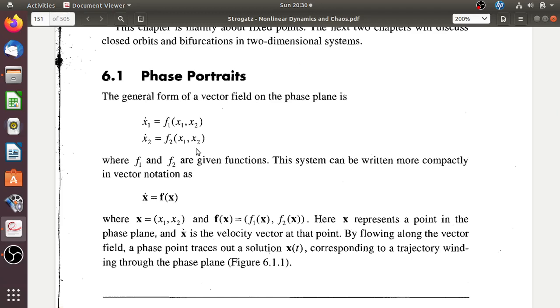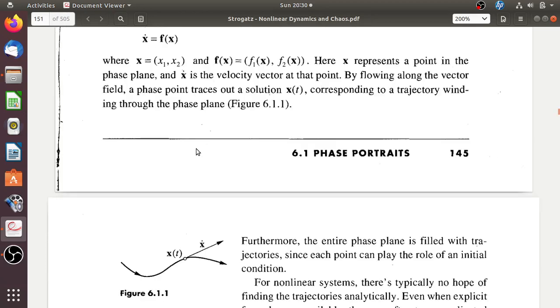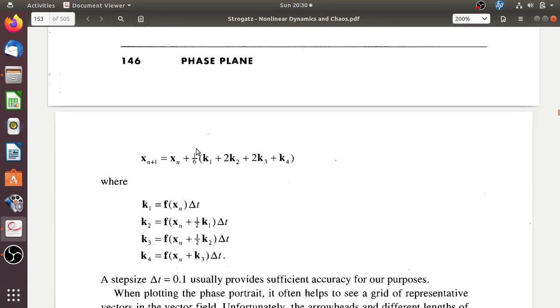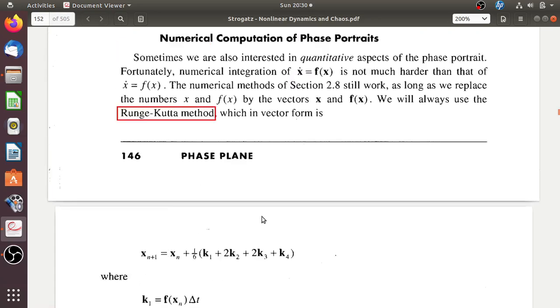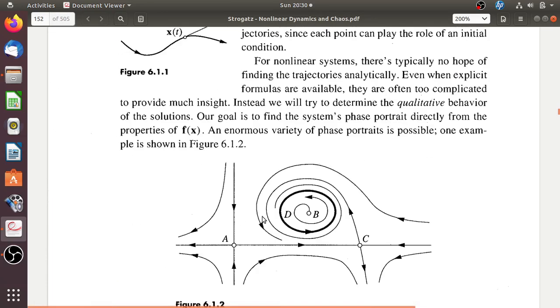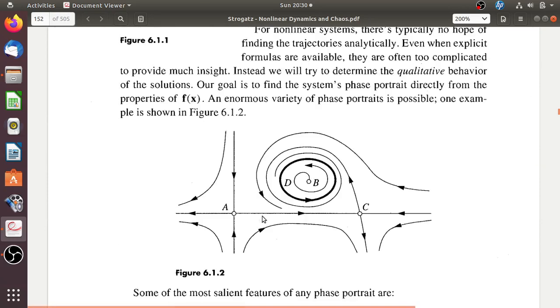How do we do that? We use methods like the Runge-Kutta method, or the Euler method if the computation of Runge-Kutta is tedious. We have various methods, and if we use them, maybe we'll get a phase portrait like this.